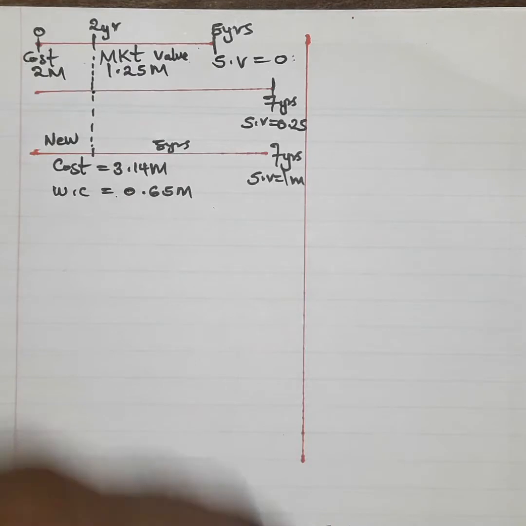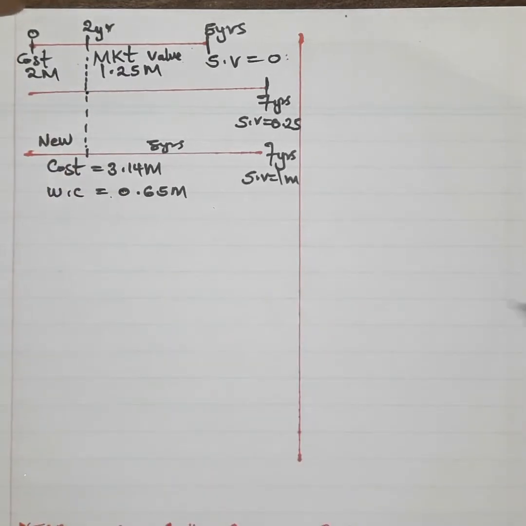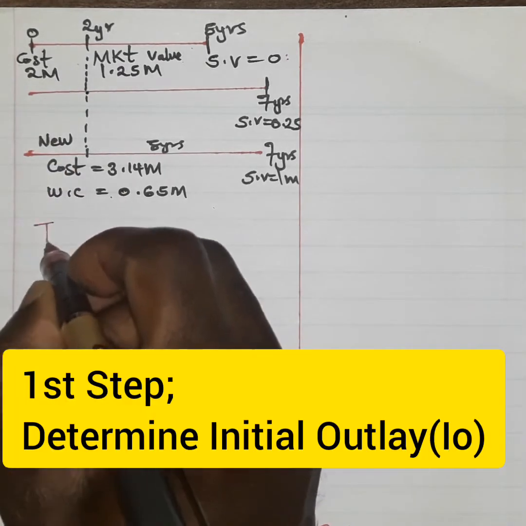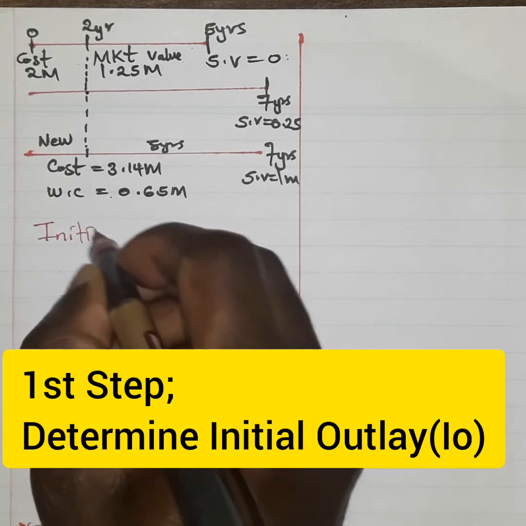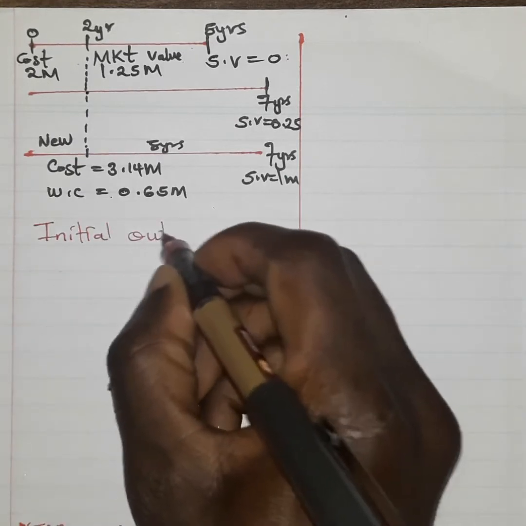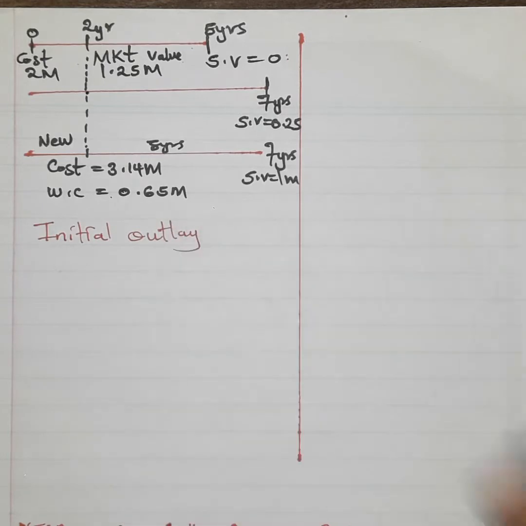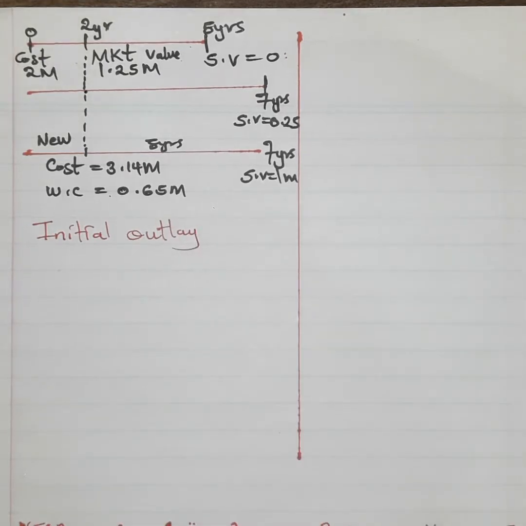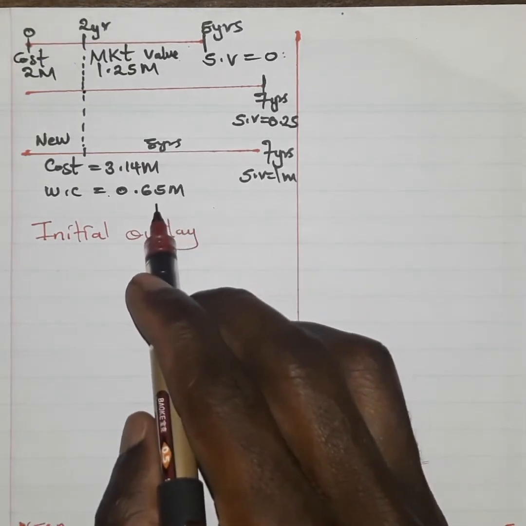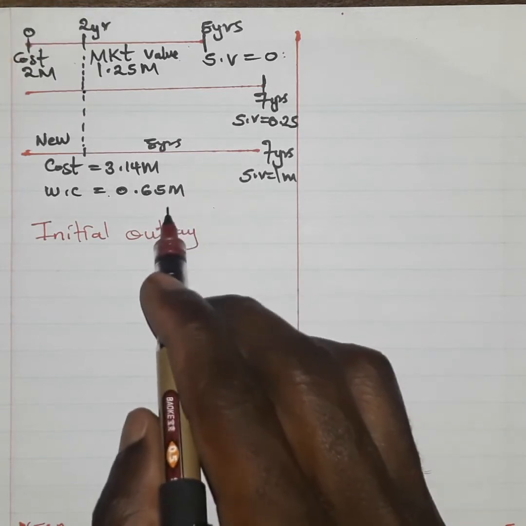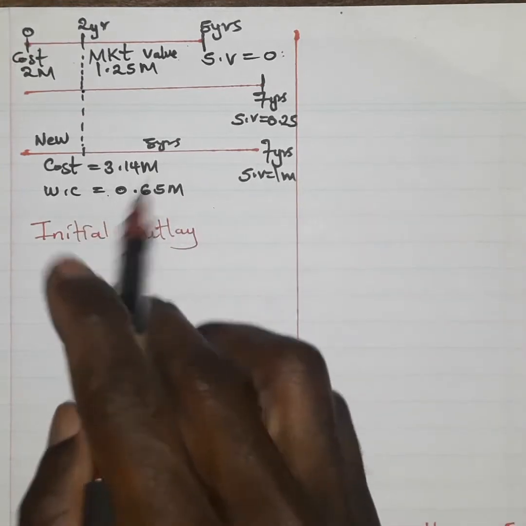Now, I want us to begin our work by determining what is known as the initial outlay. Remember, for us to get the NPV, it's always the present value cash inflow minus the present value cash outflow, which is the initial outlay.